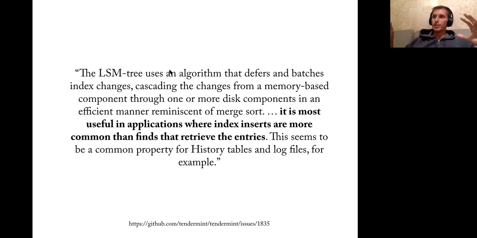The very basic overview is that in computer science, first they invented trees, like B trees, B plus trees, red black trees, and almost all databases use B plus trees for indexes.